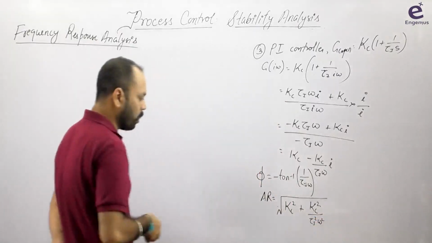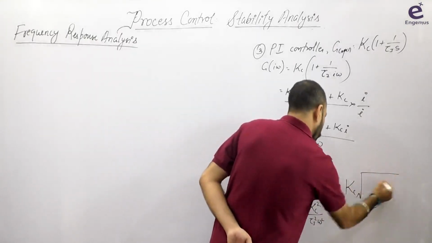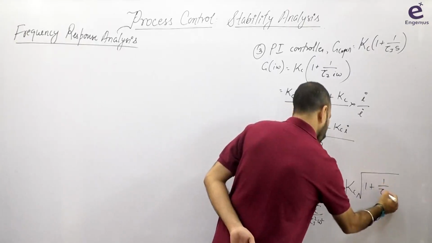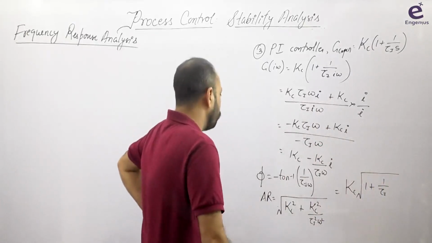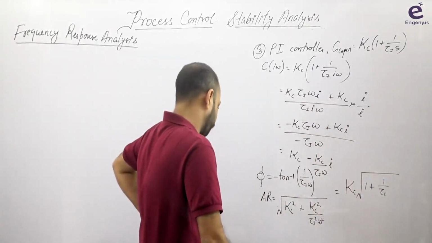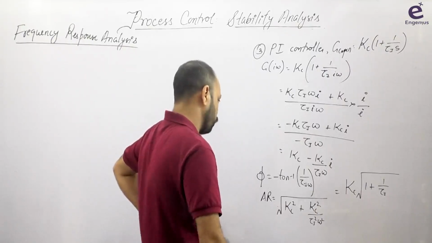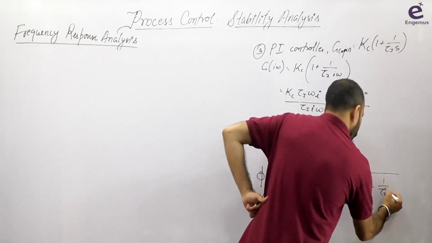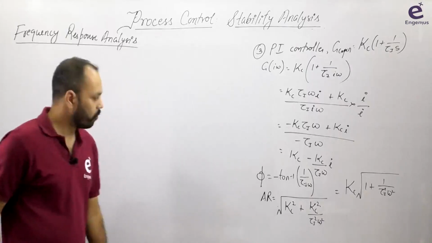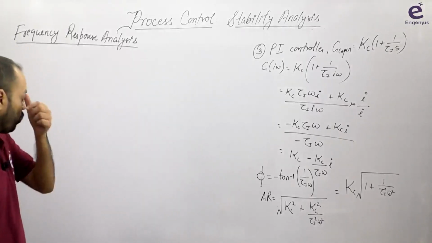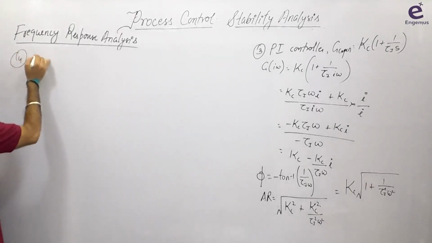Then Kc can be taken out and AR will be equal to, these are very important values, Kc into root of 1 plus 1 by tau I square omega square. It is a square plus b square, so Kc can be taken out. Is it okay? Yeah. That is the AR for PI controller. Do the same for PD controller and then for PID controller.